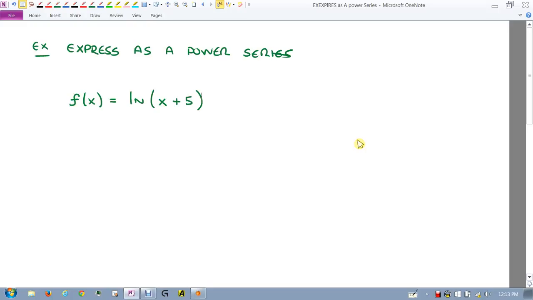However, the natural log of x plus 5 is actually the antiderivative of something that does look like that. What is the antiderivative of 1/x plus 5 dx? Do you agree?